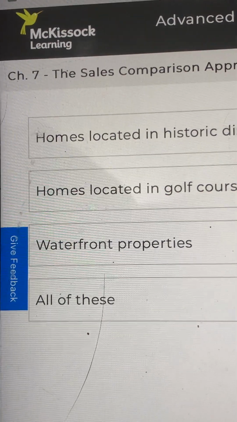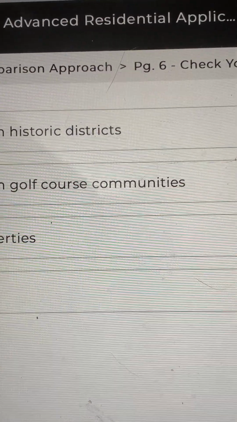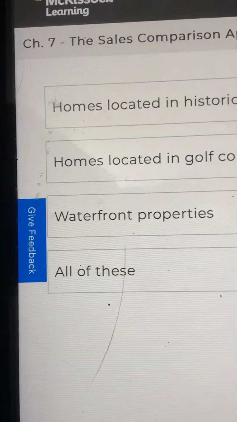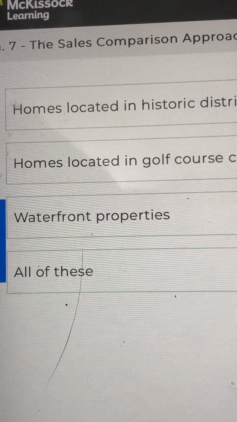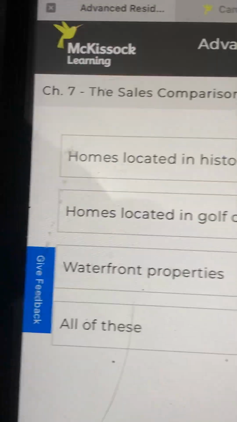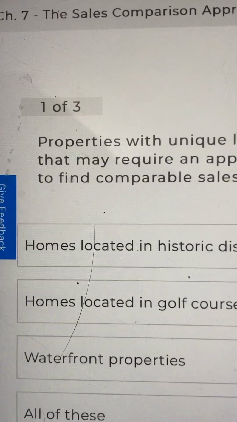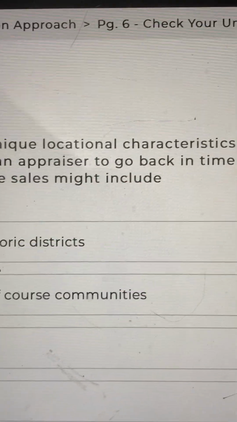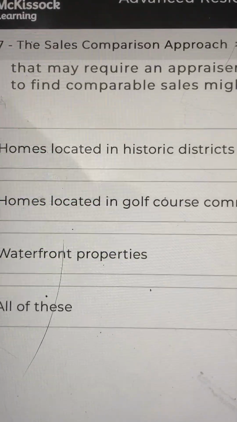B. Homes located in golf course communities. C. Waterfront properties. Or D. All of these. I'm going to go all of these. D.